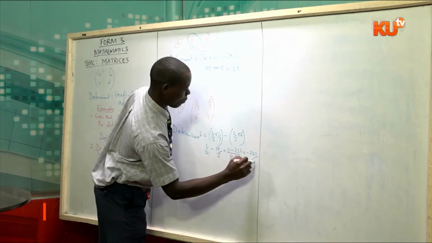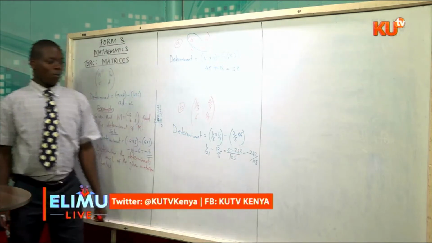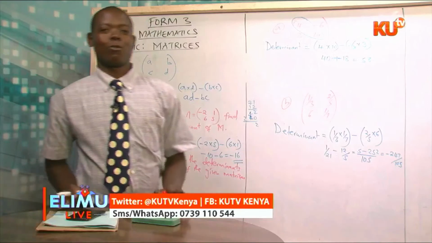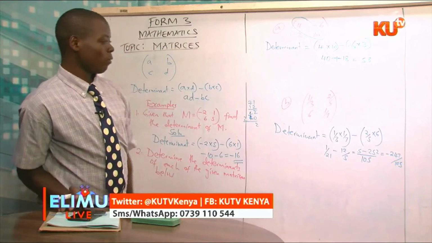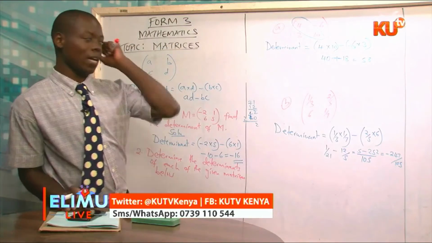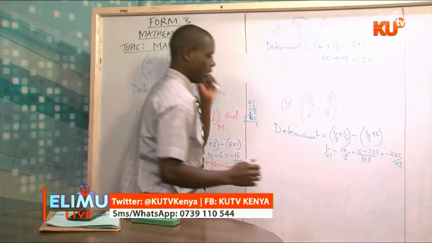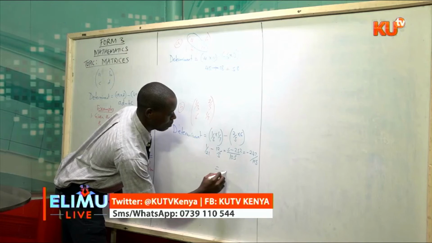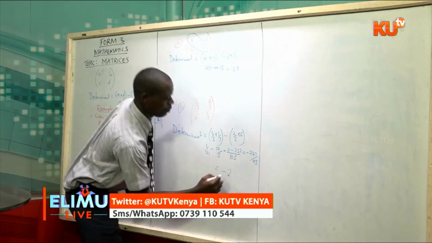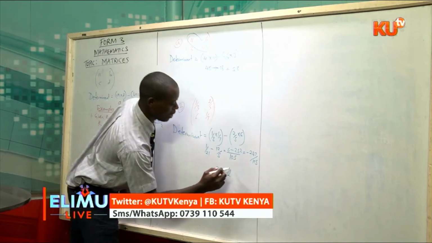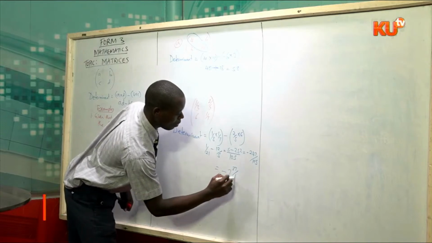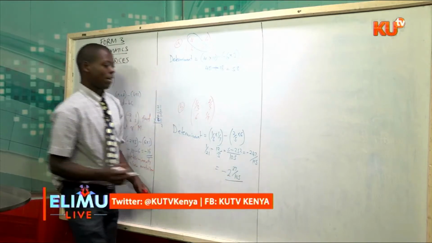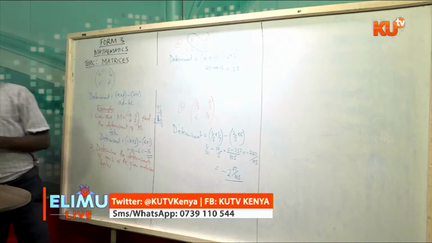247 over 105. We will not give it as negative 247 over 105 because 247 is larger than 105. And so as a mixed fraction, it will be negative 2, that is 210, then 37 over 105. That is our determinant.